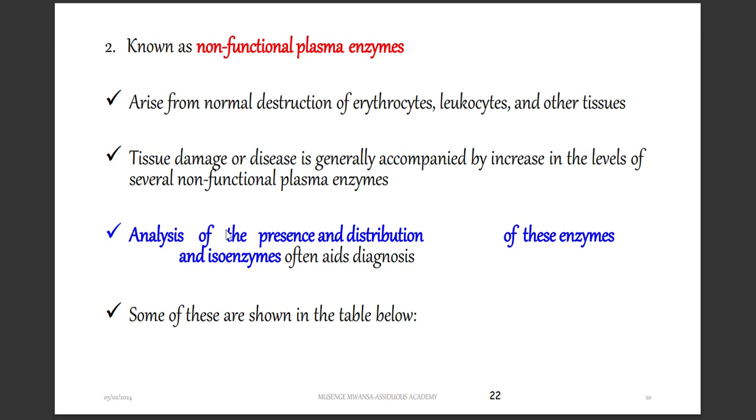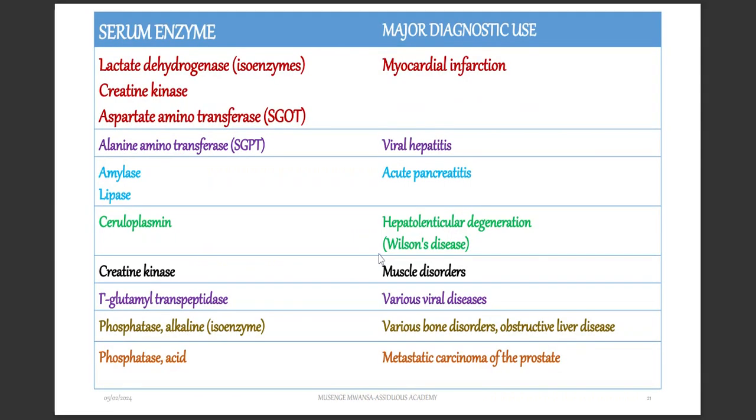So when you analyze these non-functional plasma enzymes, the analysis of the presence and distribution of these enzymes and isoenzymes is going to help in diagnosis. You are going to know that there is something wrong. For example, when red blood cells have been destroyed, you expect to have this kind of enzyme in a certain amount, and then you are seeing too much of that enzyme. You know that there is something wrong.